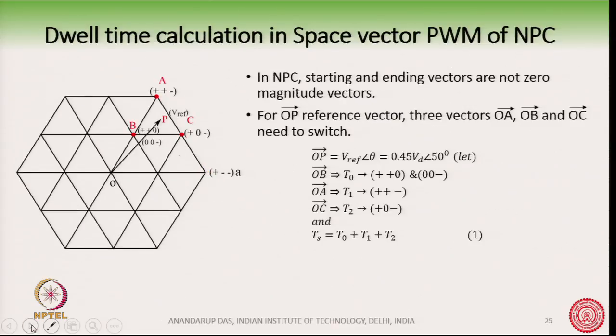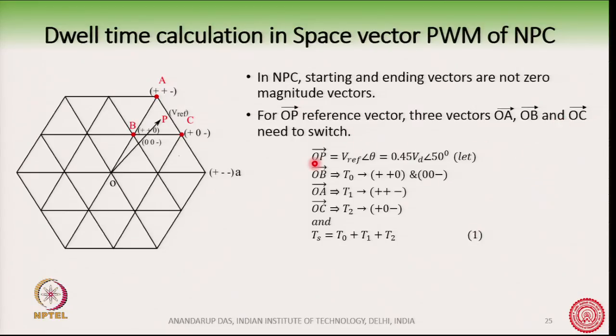So, let us take an example. Suppose we want to switch Vref which is at the point P. The three nearest vectors are A, B, C here. Let us take an example for the OP reference vector. The three vectors OA, OB, OC need to switch.